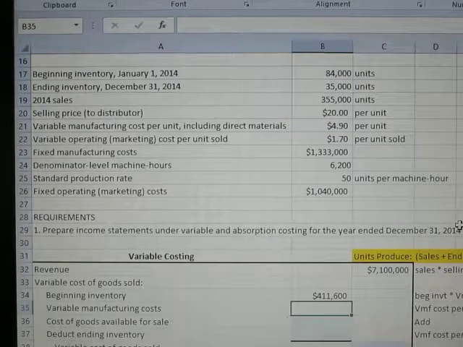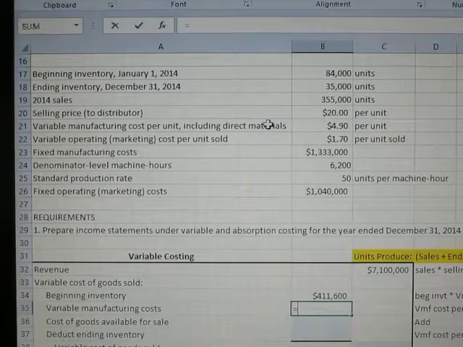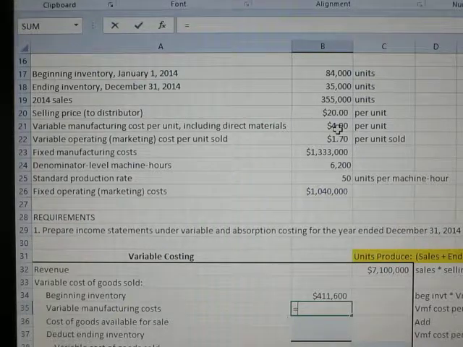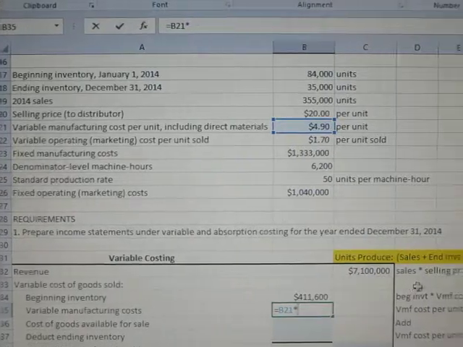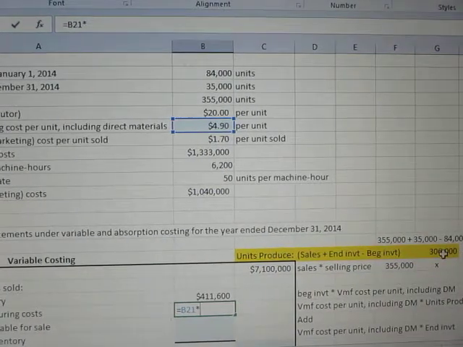Okay. Next, to calculate the variable manufacturer cost, you take the variable manufacturer cost per unit, including direct material, times the units produced, which is the 306 right here.